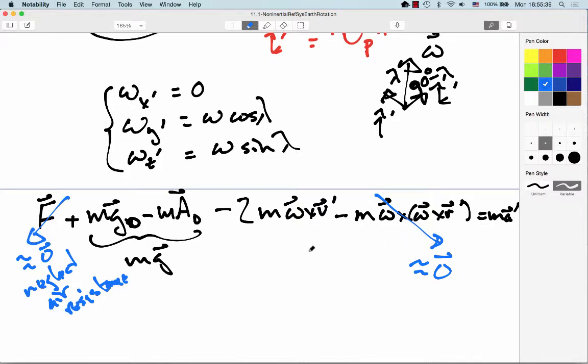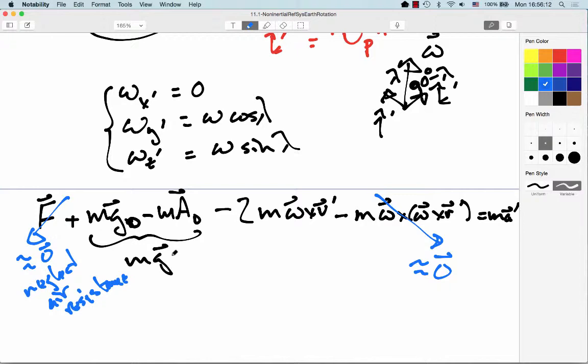Also, the A naught, remember, sure, it has an omega cross r in there, but that's r naught. That's the distance from the center of the Earth to our point of interest. And the magnitude of that r prime is way small compared to that. So because of the omega squared, it's really small compared to the Coriolis force. And because the r prime is so small compared to the radius of the Earth, that makes it small compared to the local mg.